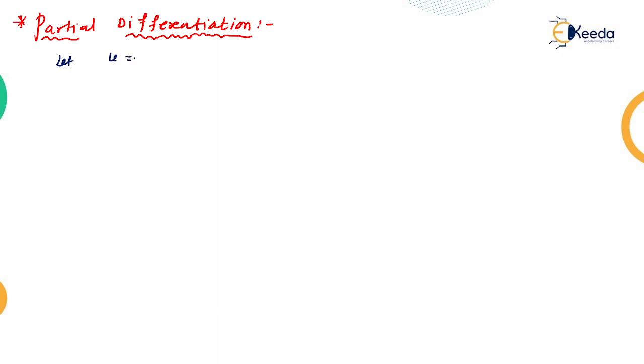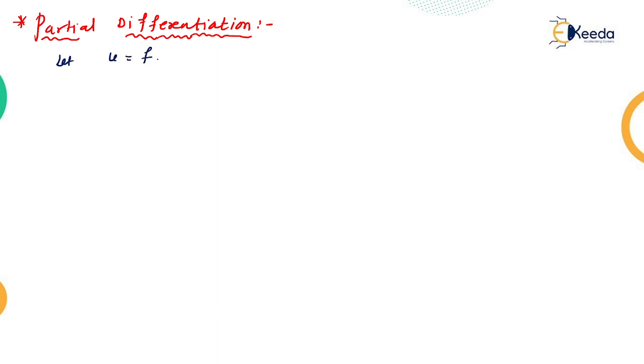So I am writing here, partial differentiation. Let's see the actual mathematical definition of partial differentiation. A partial derivative of a function of several variables: let's suppose u is a function of two or more variables.